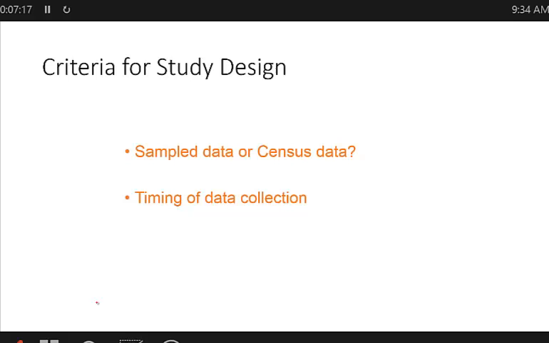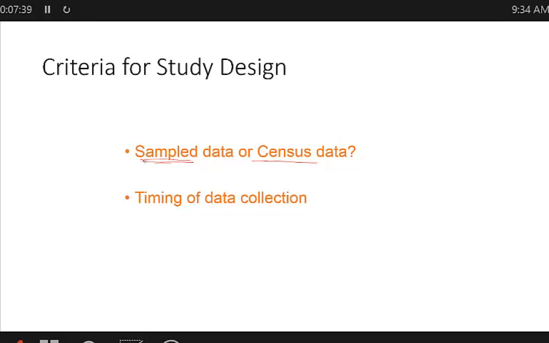Criteria for study design. There are two things I want you to pay attention to when you classify study into these study designs. Okay, one, method of sampling. Okay. So sample data or census data. So what is the census data?